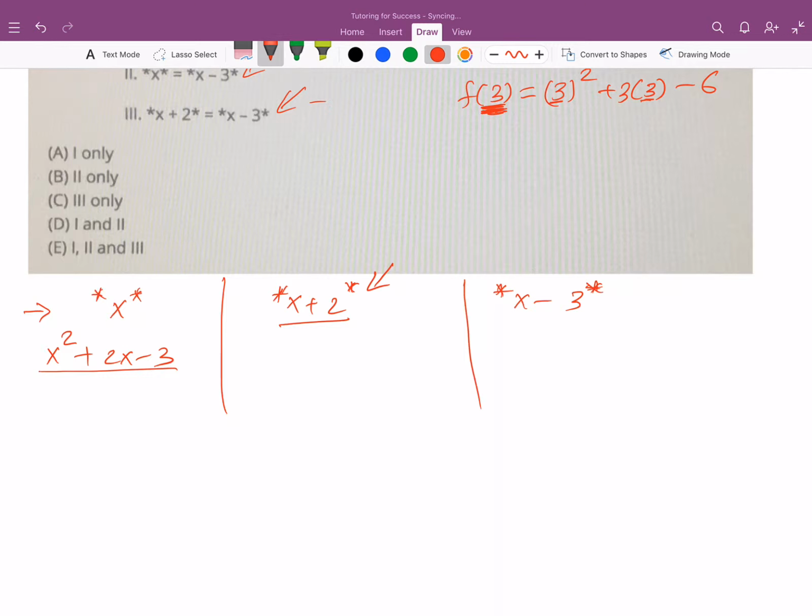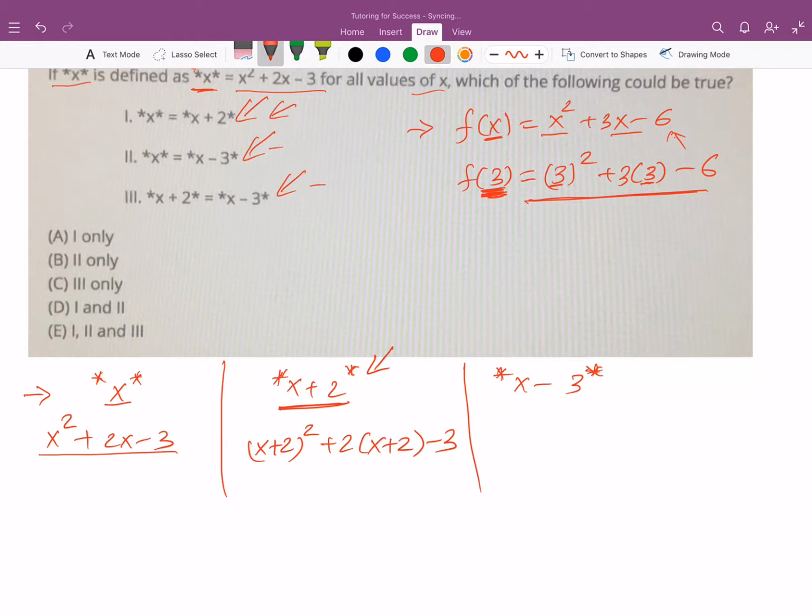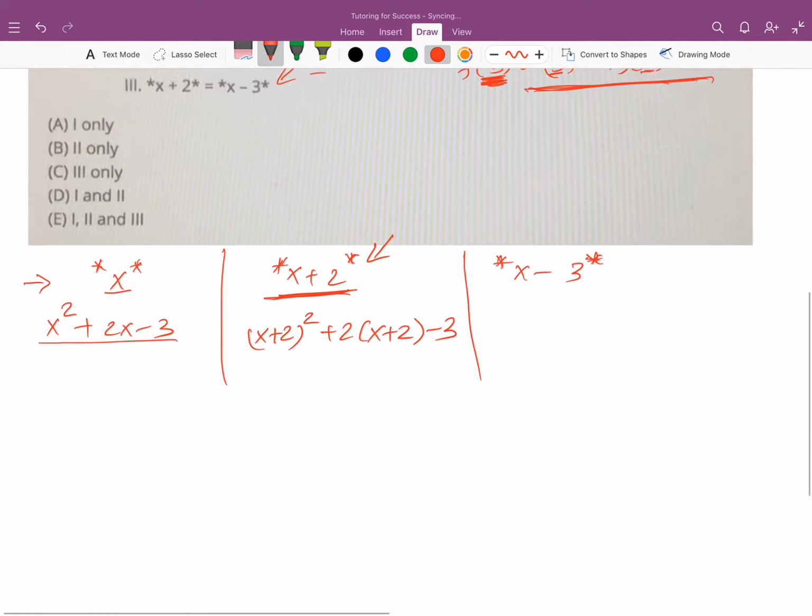You notice this is my original expansion, but my x changed from x to x plus 2. So instead of writing x squared, I'm going to write x plus 2 squared plus 2 times x plus 2 minus 3. The concept I used here and the concept I used here is the same thing.